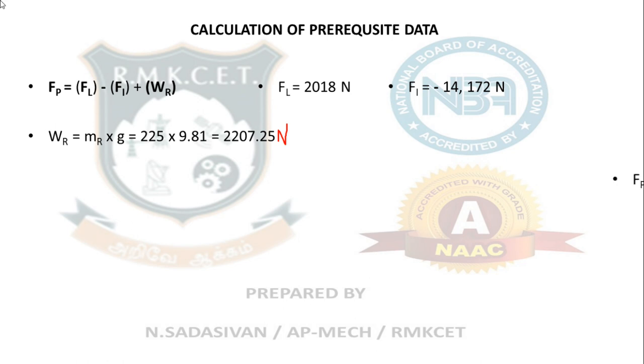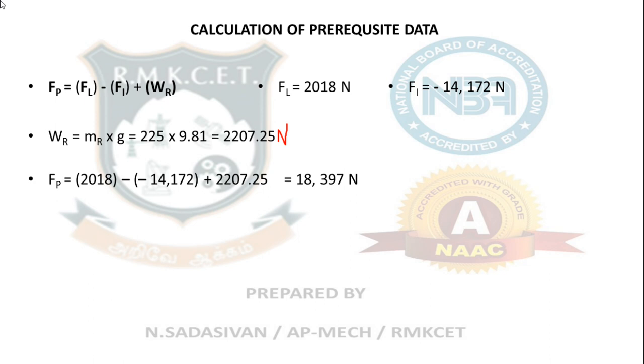Now substitute all the numbers into the above formula. 2018 minus of minus 14,172 plus 2207.25. Therefore load on the piston is equal to 18,397 Newton. The piston effort is equal to 18,397 Newton. Okay, so that is the first answer.